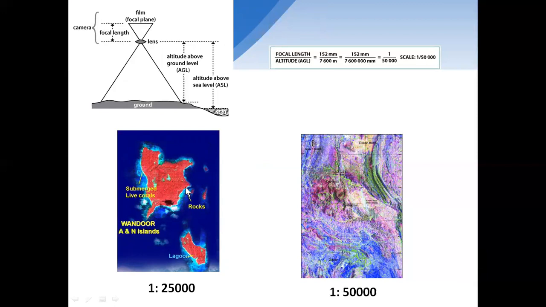With large scale, the detail of the object increases, so small features of the object can also be observed. Large scale images such as 1 to 25,000, 1 to 10,000, and 1 to 5,000 are also available.